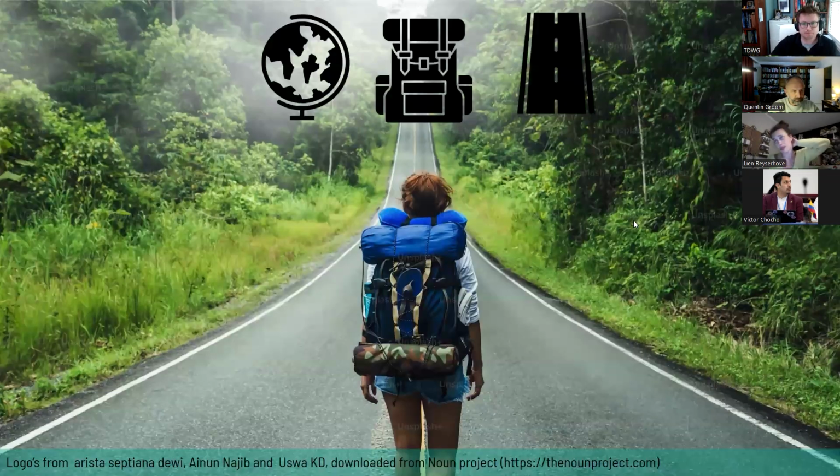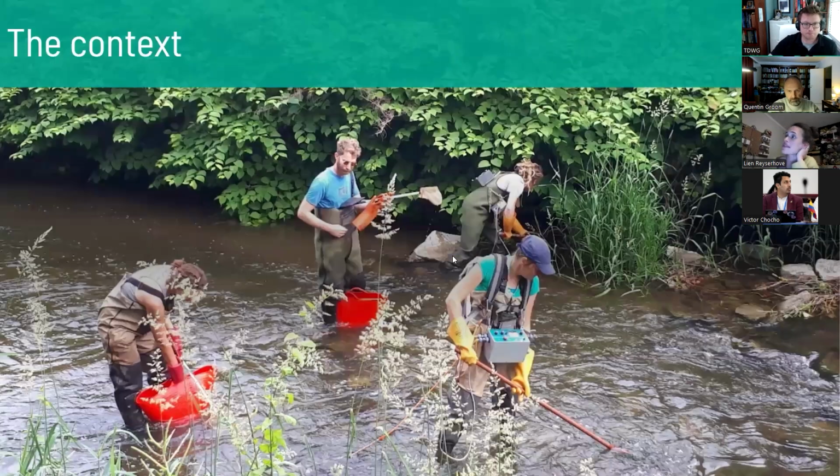I'm just going to focus a bit on the context, on what we already have done, and on the road ahead. So the context, probably all are aware of the problems of invasive alien species, and that it takes a lot of effort to manage these species.